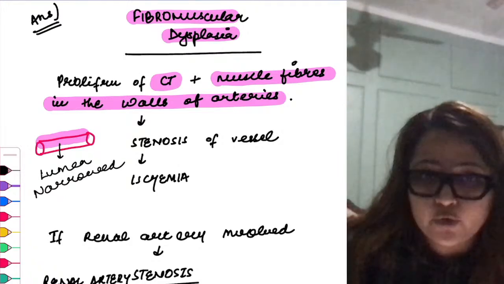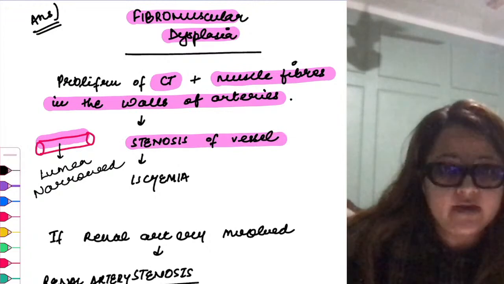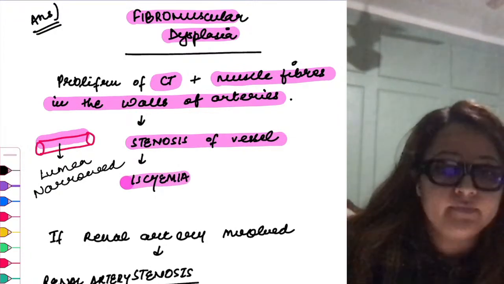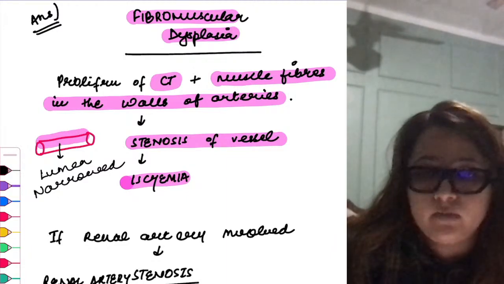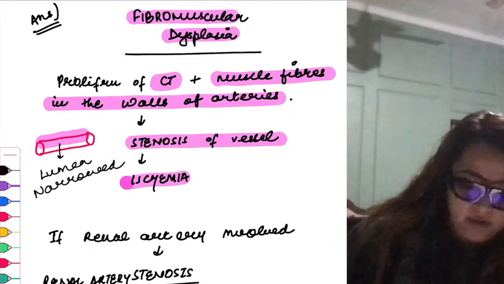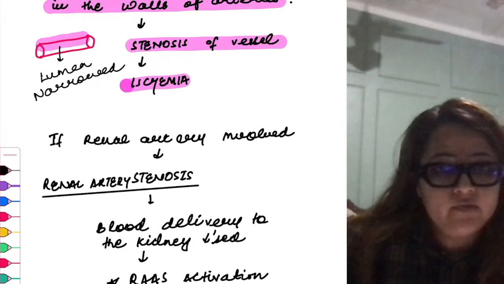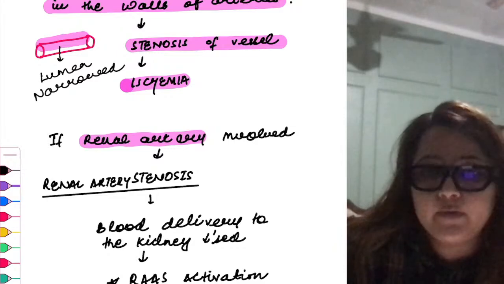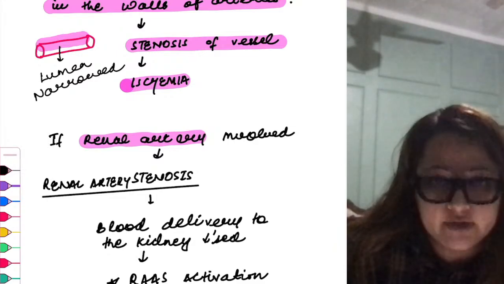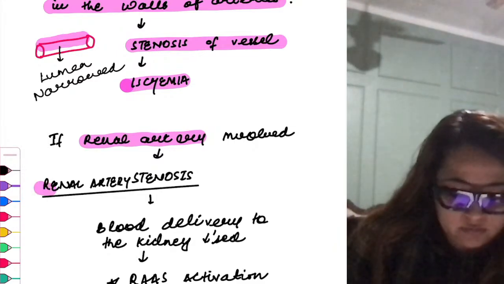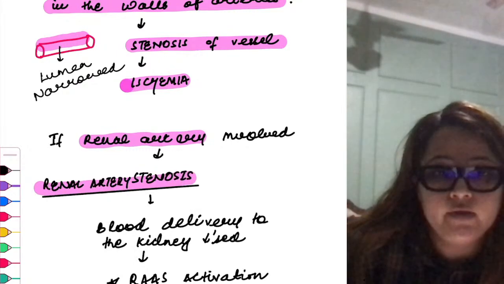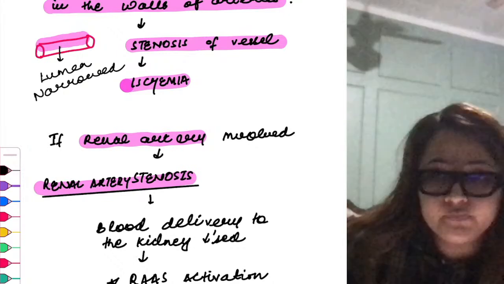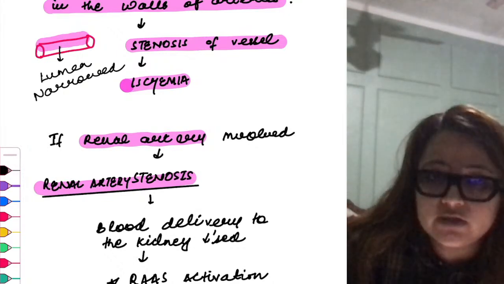If lumen is narrowed down, there is stenosis of the vessel, right? Stenosis means narrowing. Ultimately, there will be ischemia. That means the vessel would supply less amount of blood to the tissue. Supposing this situation occurs in the renal artery, if there is fibromuscular dysplasia involving the renal artery, what will happen? Renal artery stenosis. And renal artery stenosis is a very, very important cause of renovascular hypertension, right?